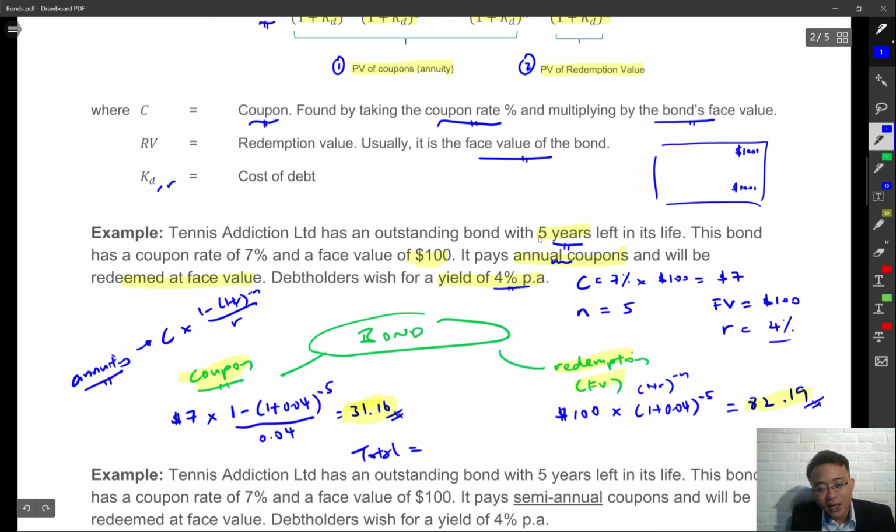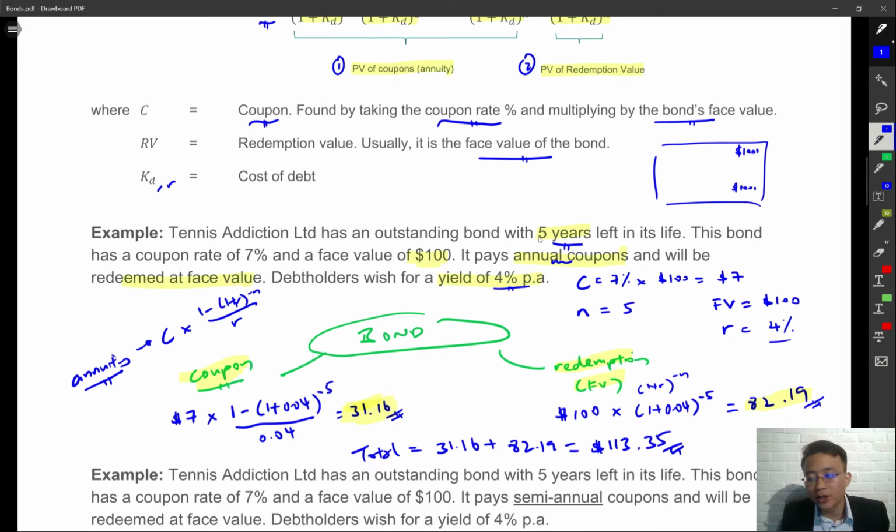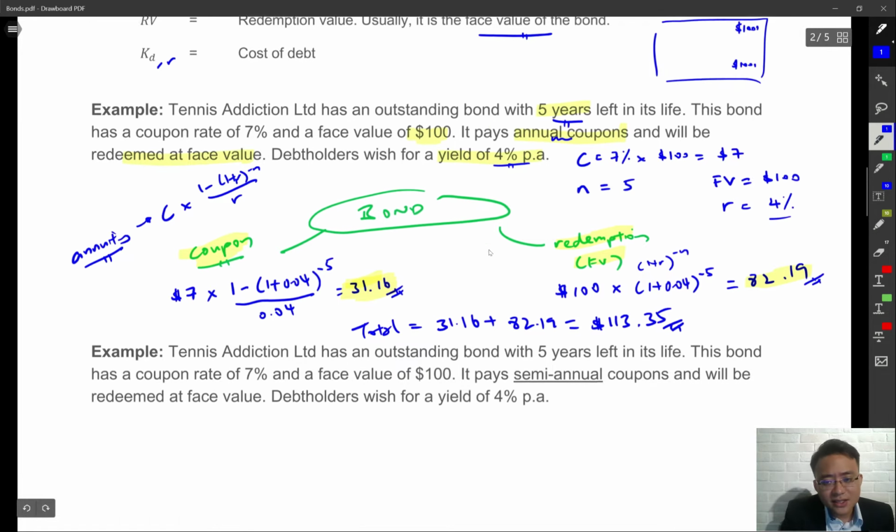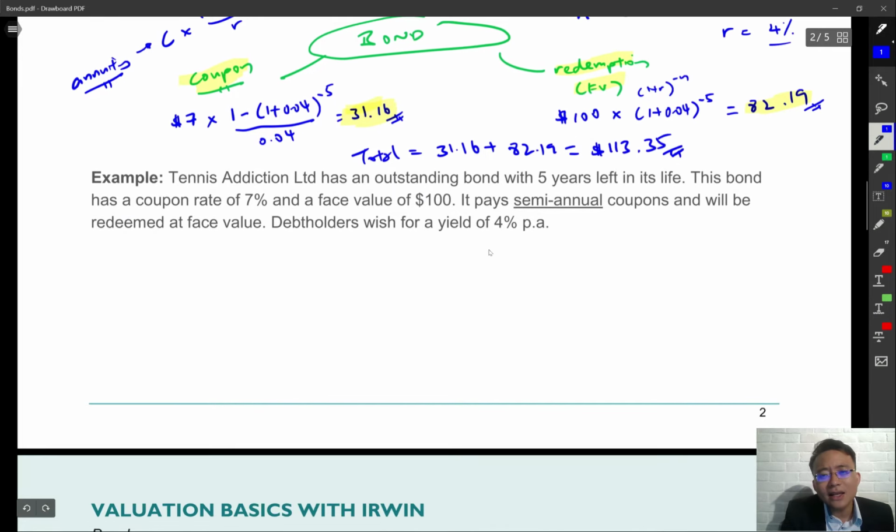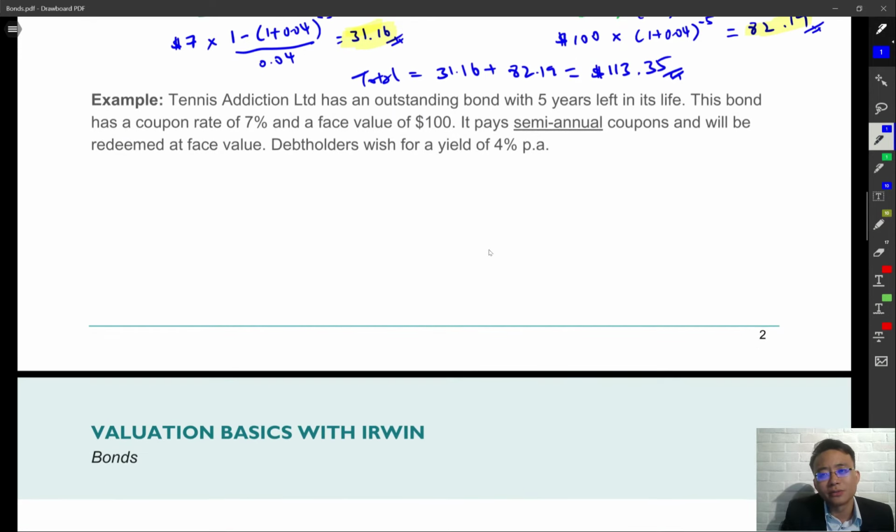Let's just add them up together. 31.16 plus 82.19, the value of your bond is 113.35. So people, this is how you value a bond. It is quite straightforward actually.